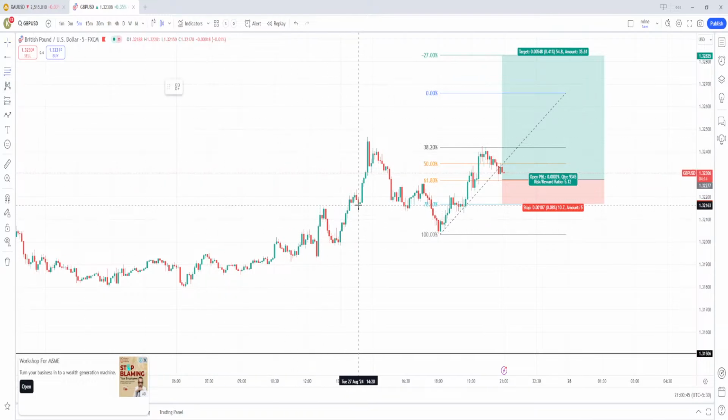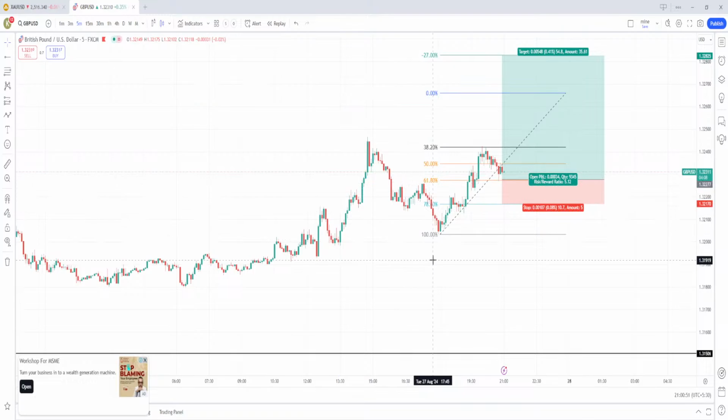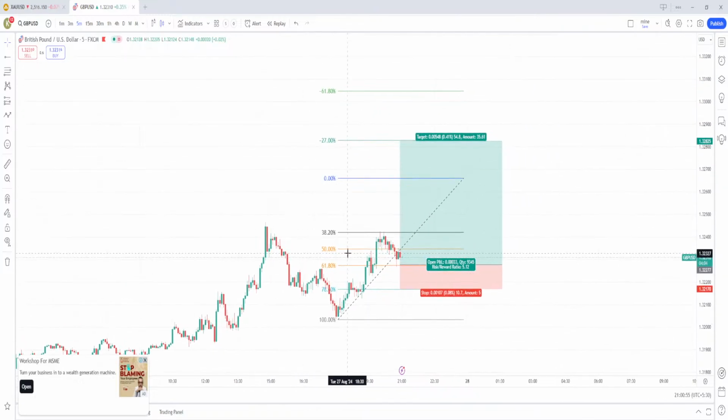If we take the trade from here, it rejects and goes down. So the market structure got reversed from here, the lower low, the higher high, the lower low, the higher high. So from the low to high we made a Fibonacci retracement.